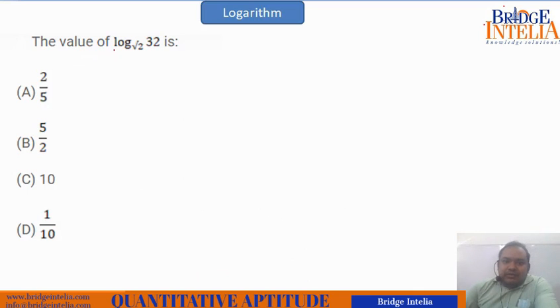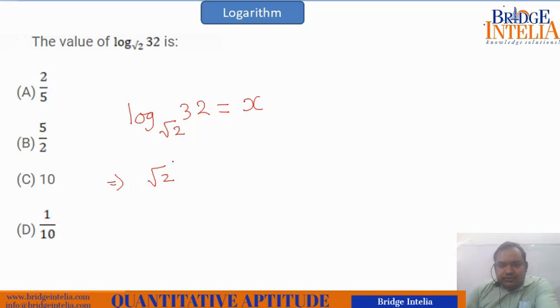Now the value of log 32 to the base root 2 is equal to how much? So let's see. Let this be equal to x. It simply means root 2 to the power x is equal to 32.